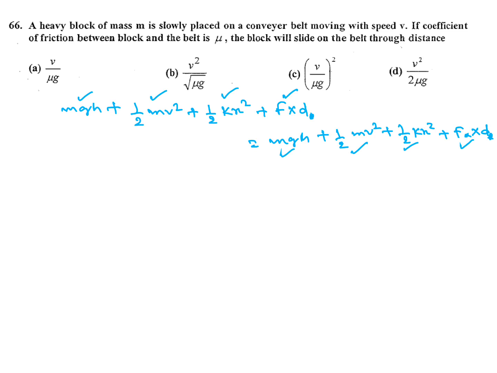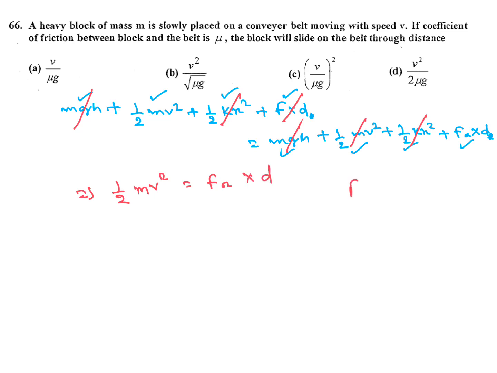Here in this question, mgh potential energy, both positions cancelled. Kinetic energy at second position cancelled, no spring, no force also. So half mv square at position 1 is frictional resistance into distance.